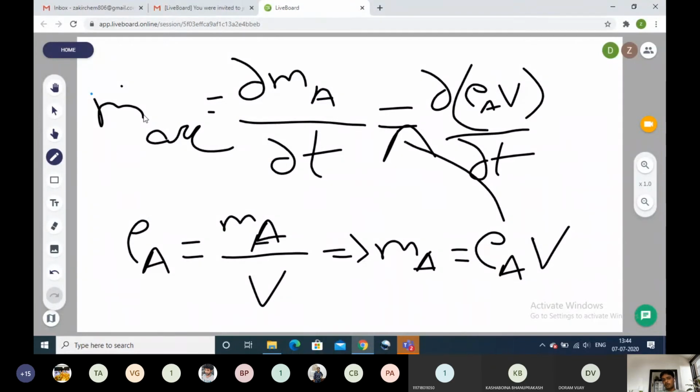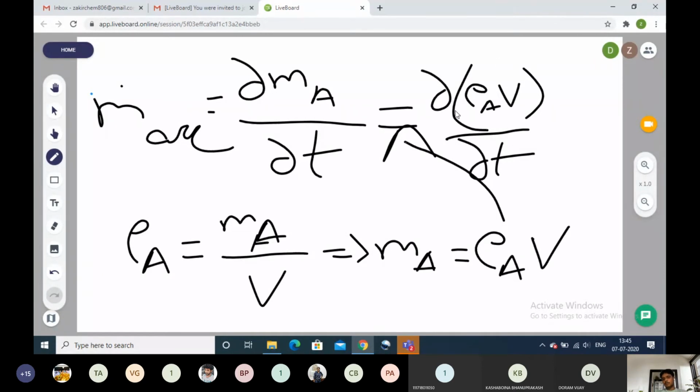Then the next term is m dot accumulation. Accumulation will only happen in the total volume of that reactor or bowl or cuboid. It doesn't happen in one direction or another; in every direction it is possible. Therefore, we will consider the overall mass, the change in the overall mass with respect to time. Density is mass divided by volume, so mass is equal to density times volume.